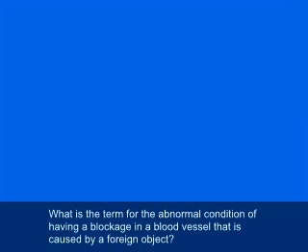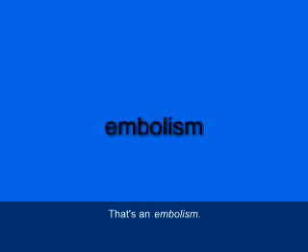What is the term for the abnormal condition of having a blockage in a blood vessel that's caused by a foreign object? That's an embolism. And what is the term for the blockage itself? That is the thing or foreign object that is doing the blocking.